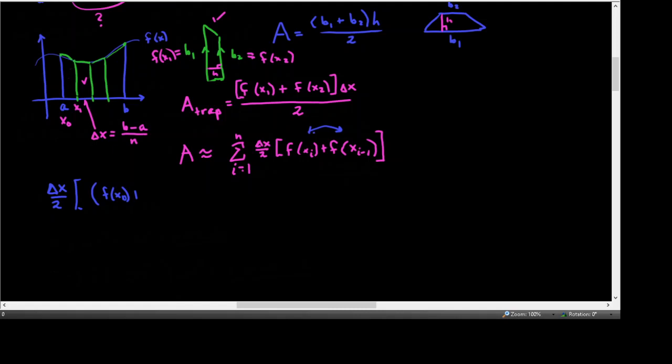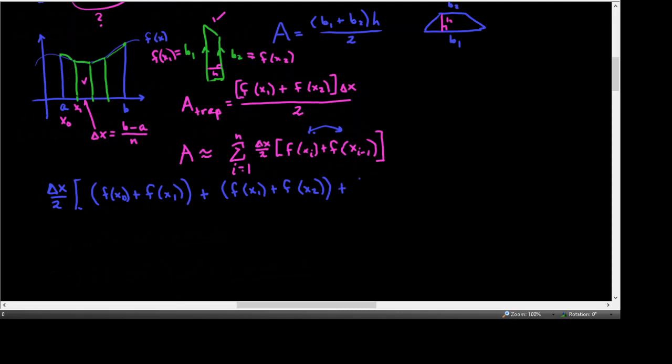Not that it matters because we're adding. f of x sub 0 plus f of x sub 1 is from the first trapezoid, plus f of x sub 1 plus f of x sub 2. So keep in mind what we're doing is we're adding the bases b1 and b2 for each trapezoid. We are multiplying by h, the delta x, and dividing by 2, but we do that every time, so I pulled those out as common factors.